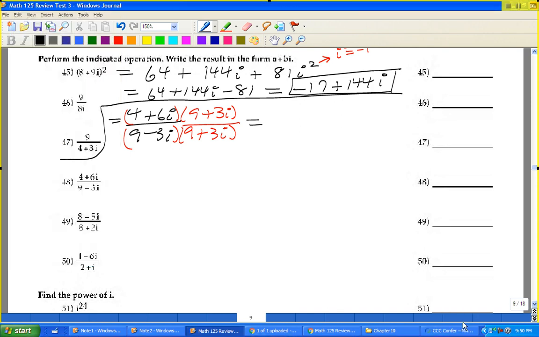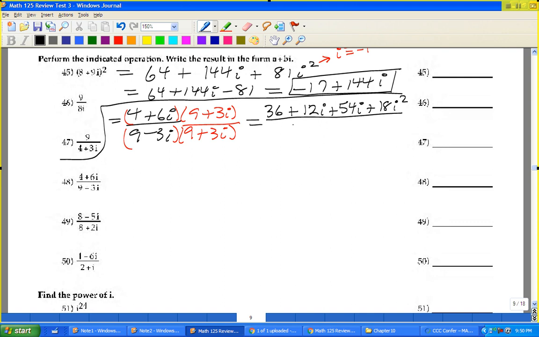Okay, so let's multiply this out correctly. 4 times 9 is 36, plus 4 times 3 is 12i. 6 times 9, 54i. 6 times 3 is 18i squared.